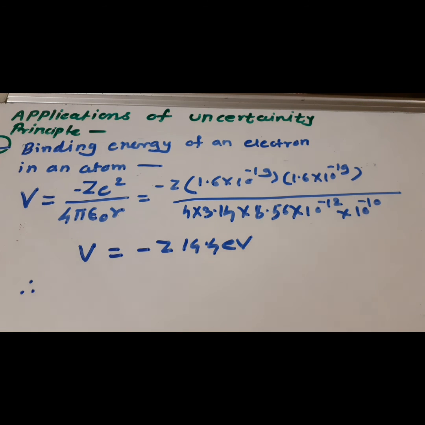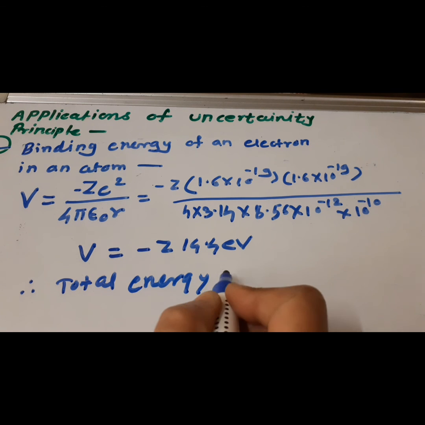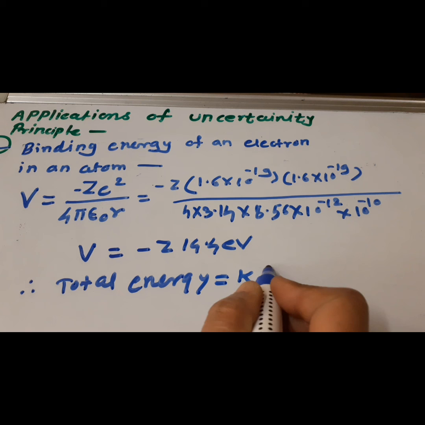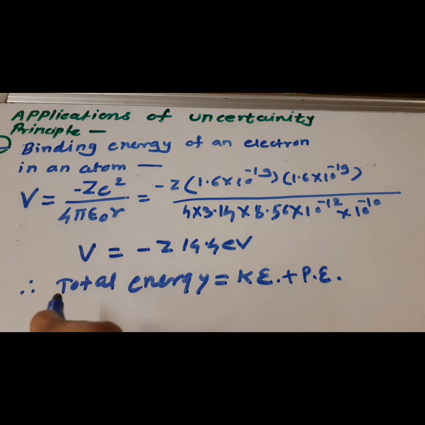Therefore, what is our aim here? To calculate the total energy. Total energy is equal to kinetic energy plus potential energy, that is E is equal to K plus V. Okay.